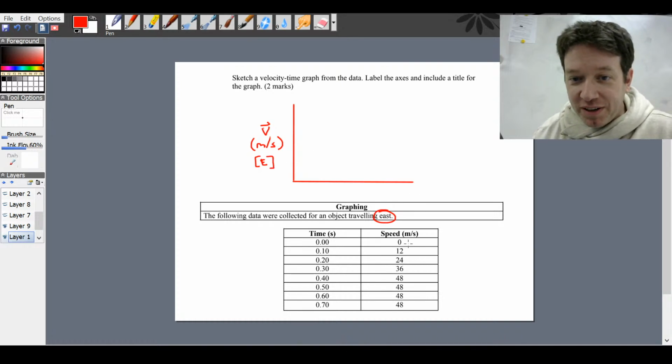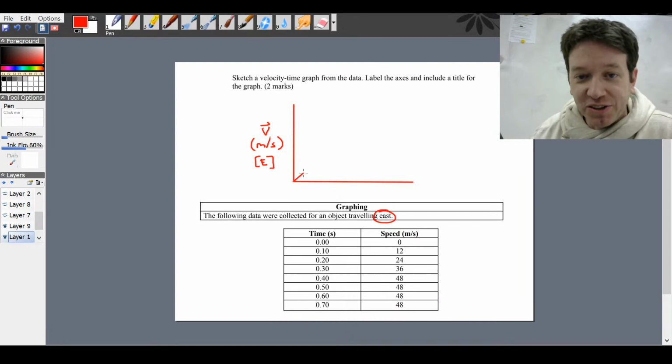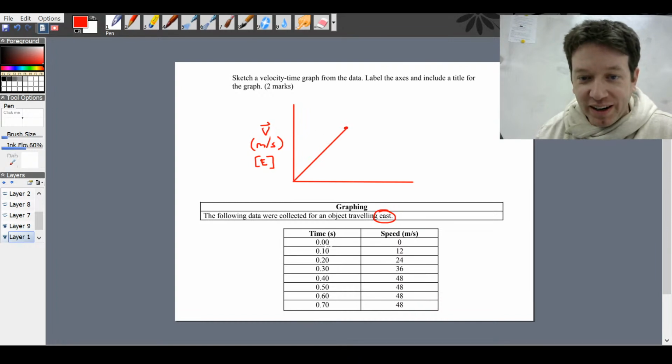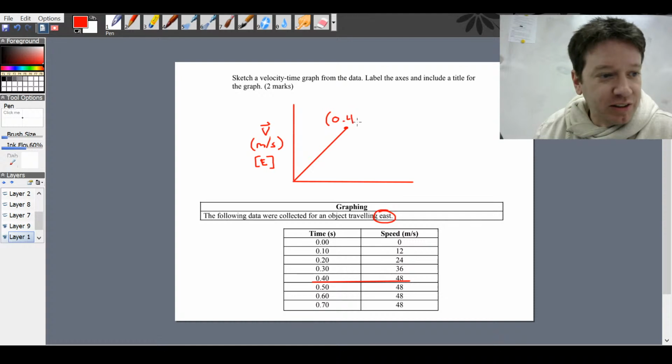Now, because we're increasing at a fairly steady rate, I'm going to draw an increasing slope starting at the origin all the way up to a speed of 48. So this will be the point right here, 0.4 and 48.